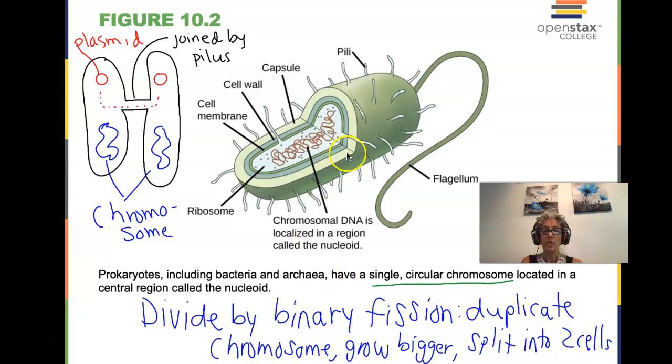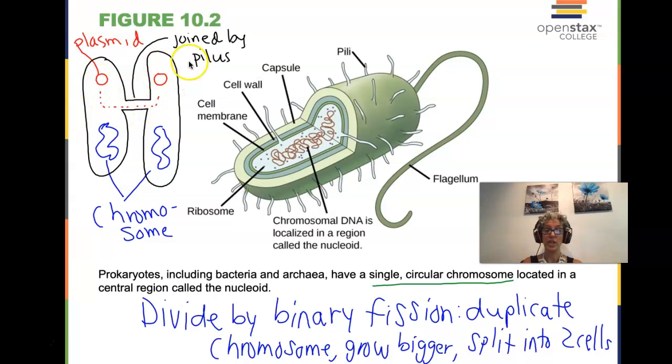There are other ways that DNA is duplicated. This image shows 2 prokaryotic cells that are joined by a pilus that was originally only on 1 cell. It sticks to the second cell and creates a channel. And then the plasmid, which is a separate piece of DNA from the chromosome, can be duplicated and passed to that other cell.